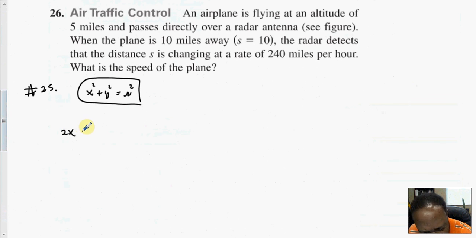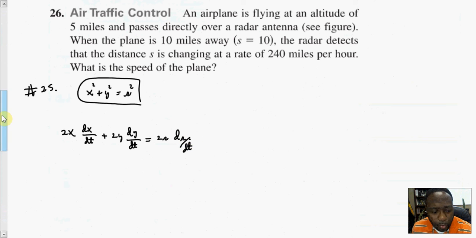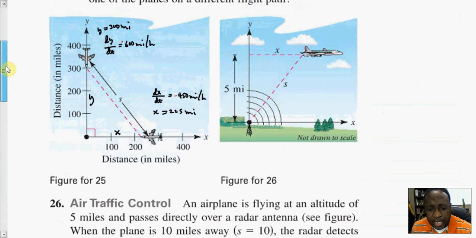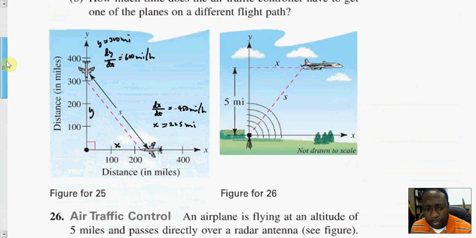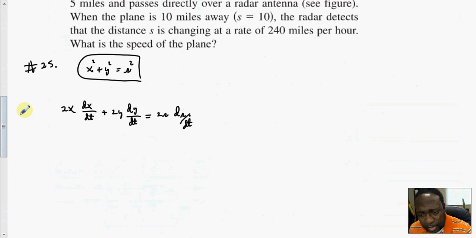We get 2x times dx over dt plus 2y times dy over dt is equal to 2s times ds over dt. The rate of change of s, that is of the distance between the two planes, is ds over dt. So here you want to find ds over dt.